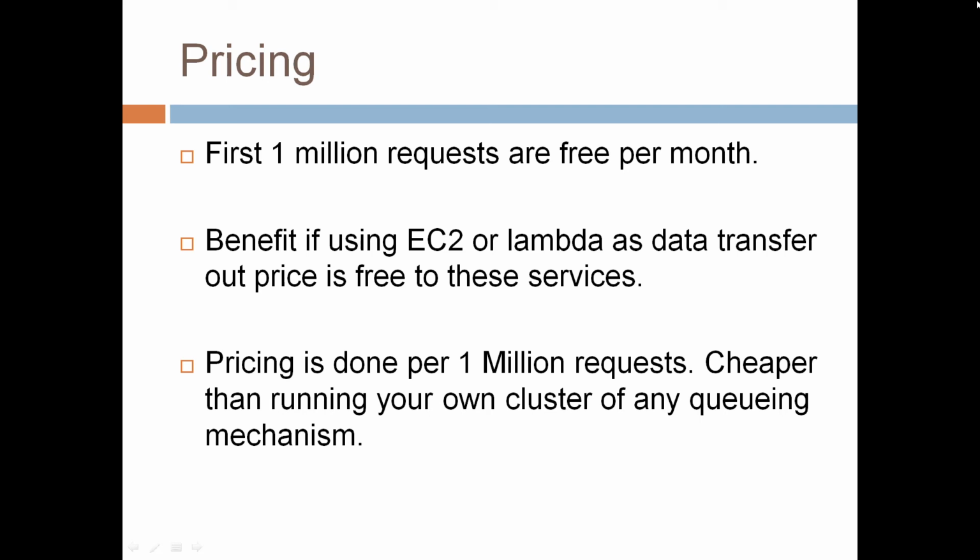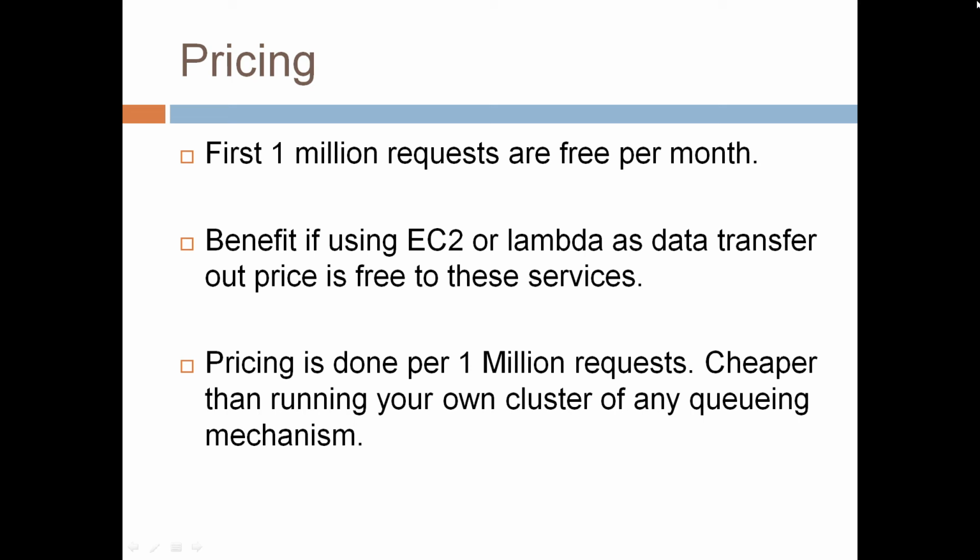Also, if you are using EC2 or Lambda, then the data transfer to and from these services is completely free for SQS. So if your service is already hosted on EC2, which is the case most of the time, you will not pay for data transfer in this case.